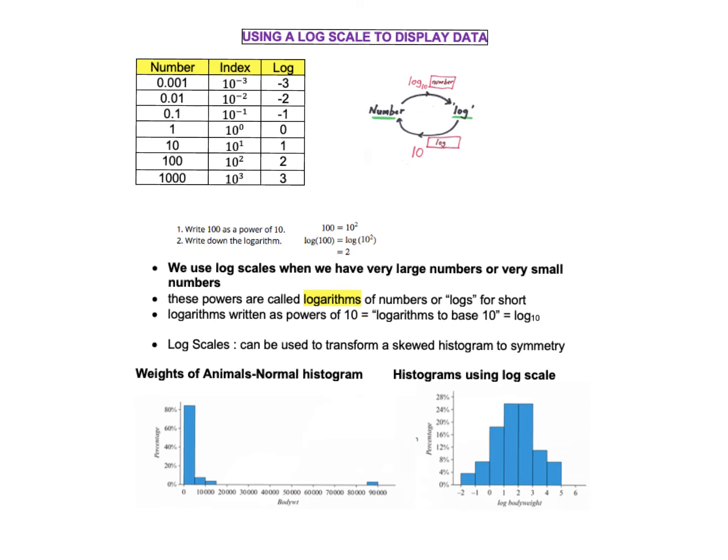Because what happens is we either have a really tiny number and a really big number, and so when we put it on the histogram, it's stretching out this data greatly. So if you have a look here, probably down here is a good example. It said this was the body weight, and sorry, they've cut off the info, but this was the body weight of all these animals in a zoo, okay?